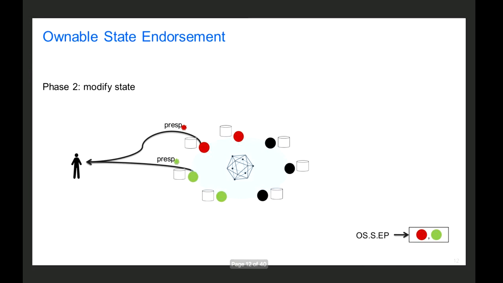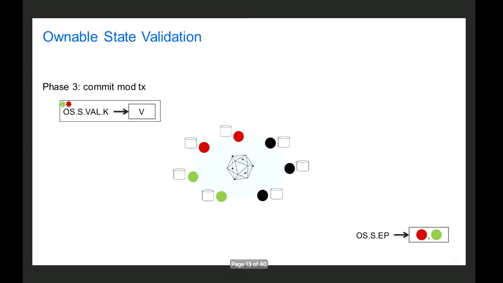We can then ask the peers of the red and the green organization for an endorsement. What we get back is the proposal response, which has the read-write set with the change to the value of the ownable state, signed with the identities of the organization red and the organization green.